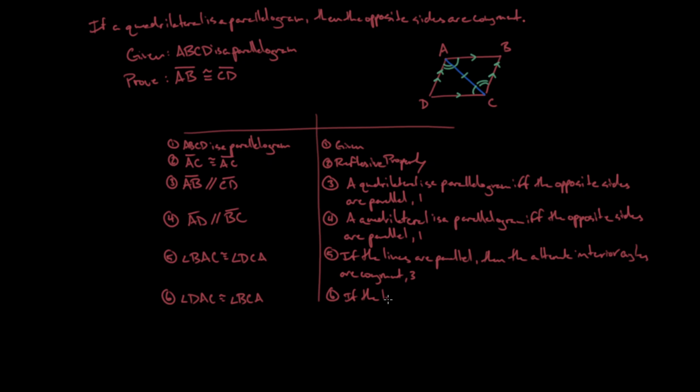So if the lines are parallel, the alternate interior angles will be congruent. And the reason I'm doing all this is now I have 3 things to work with here, and I can finally talk about my triangles being congruent to each other.